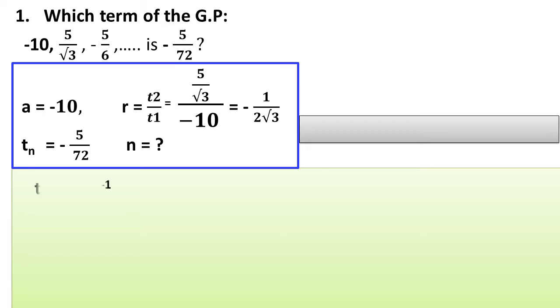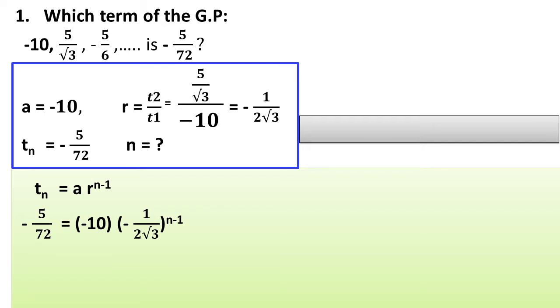Consider the formula Tn is equal to A into R to the power n minus 1. Substitute Tn as minus 5 by 72, A as minus 10, R as minus 1 by 2 root 3.